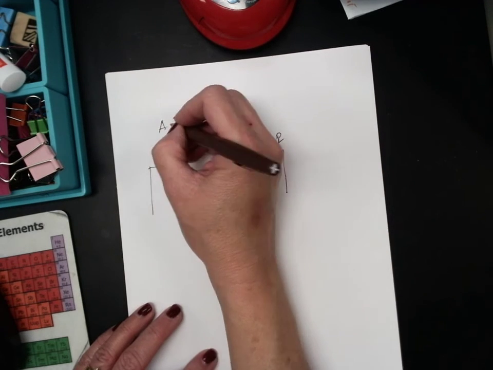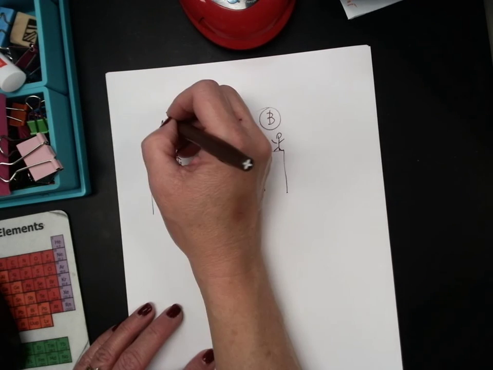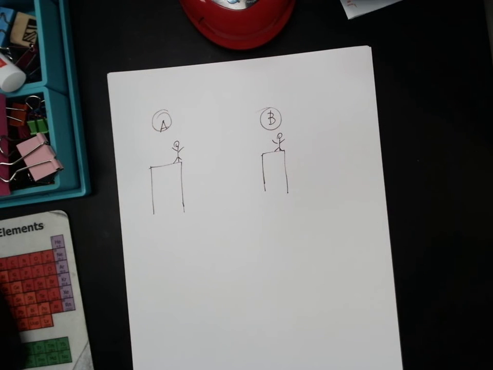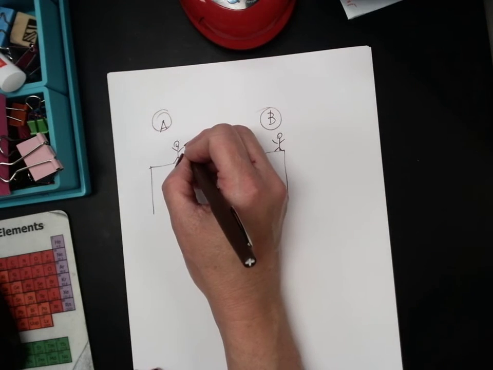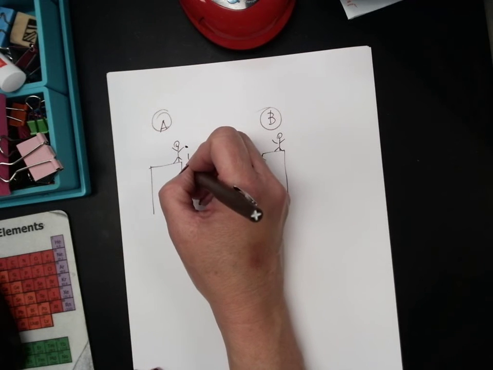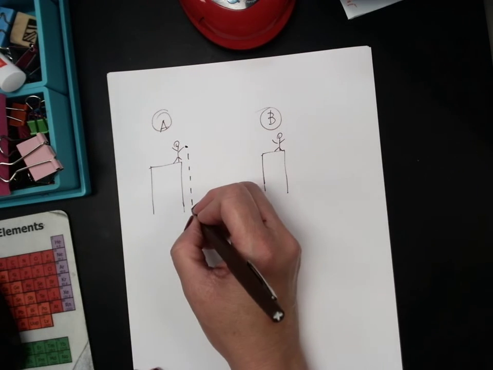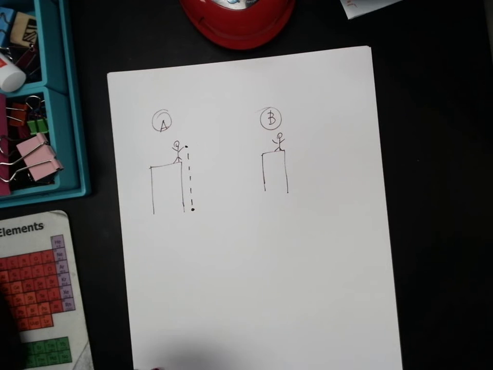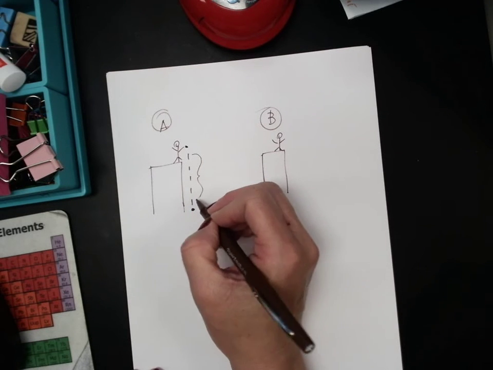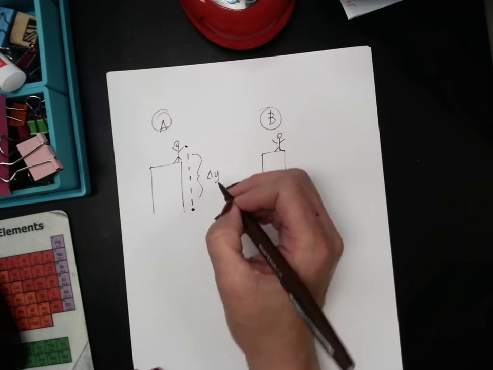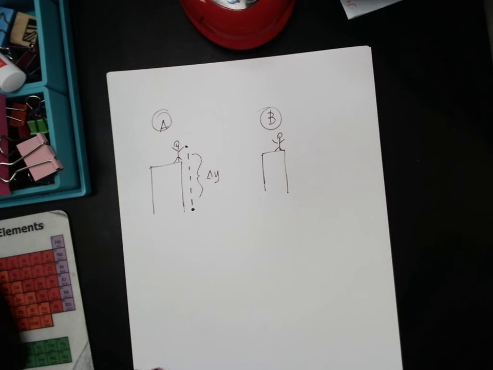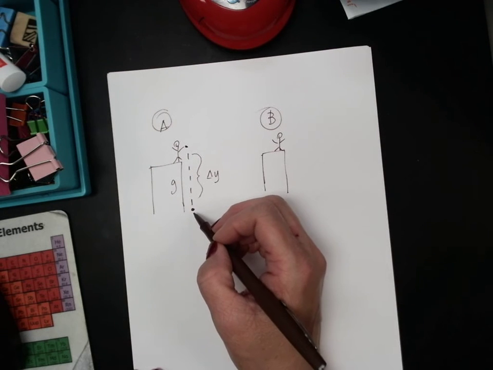This will be situation A. This will be situation B. In situation A, this individual is holding a ball, and they just drop the ball straight down. This distance would be your delta y. Of course, it's being affected by g, and it's going to take some time to strike the ground.